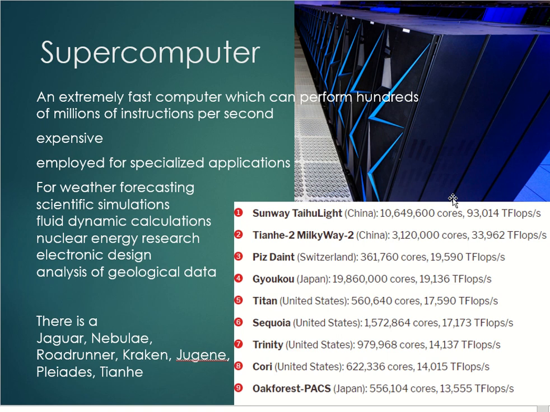It is gigahertz, but here it says teraflops, floating point operations. Like this, there's a list of supercomputers. You can find much information on the internet on this. Okay, those are about the fundamentals of the computer and about history and computer types.